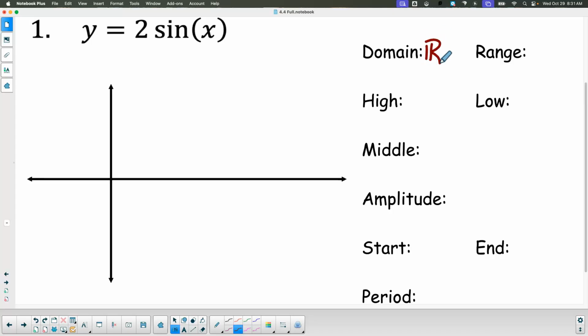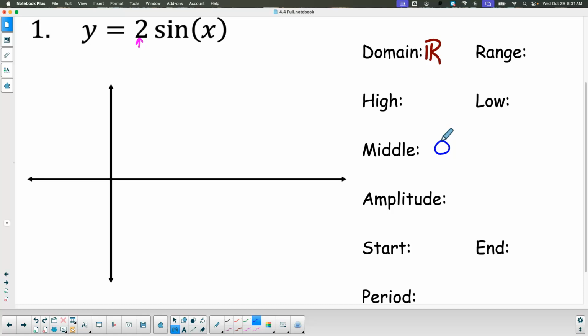Now, normally the one that we just showed you, the parent function, the mother sine function, the amplitude was 1, because there was a 1 in front of the sine. Now there's a 2, so that 1 gets multiplied by 2. Because there's nothing else here, my middle is still going to be at 0, because there's no D value out here.